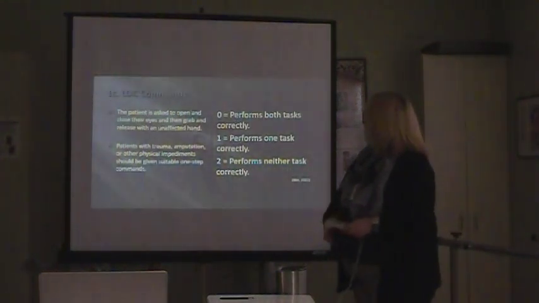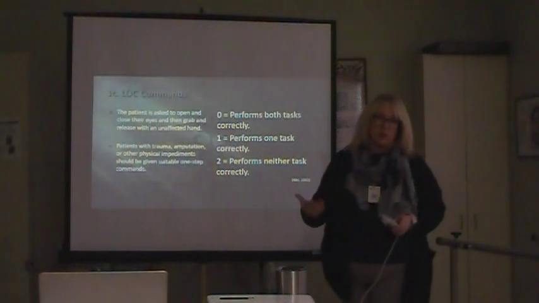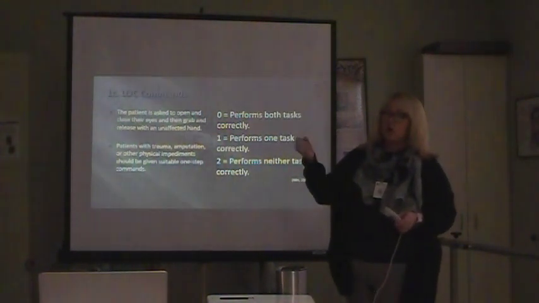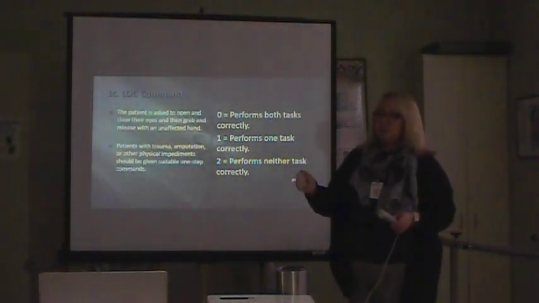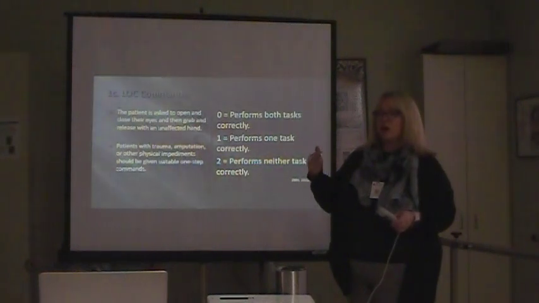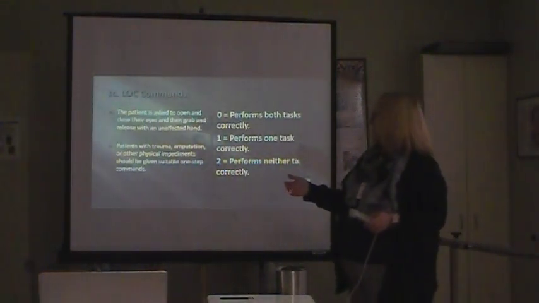So then the last one is you ask them to perform a task for you. So this task can be close your hand, open your hand. This can be show me thumbs up. There's no mandatory 1-step question that you ask in this section.